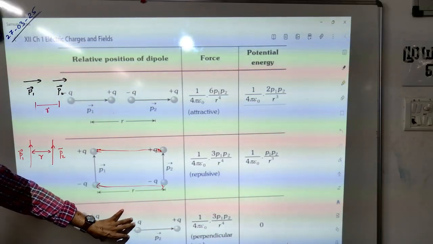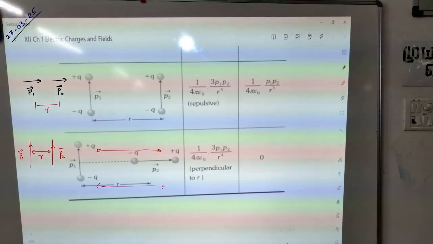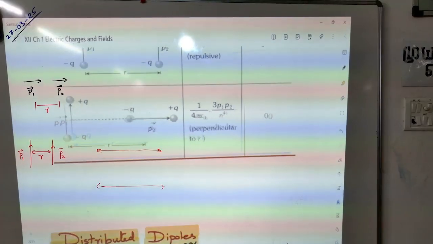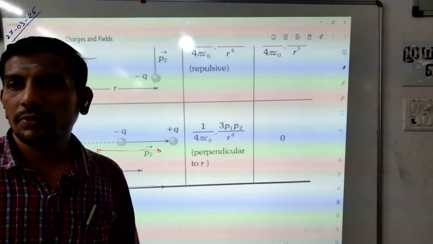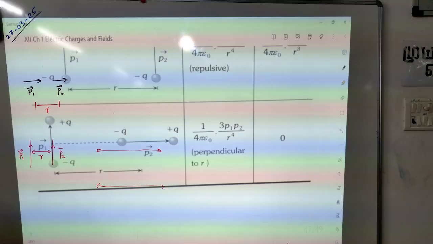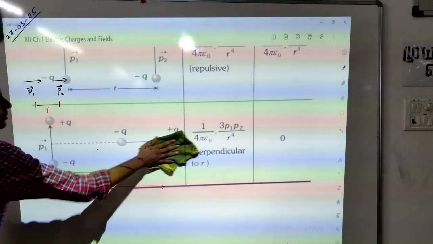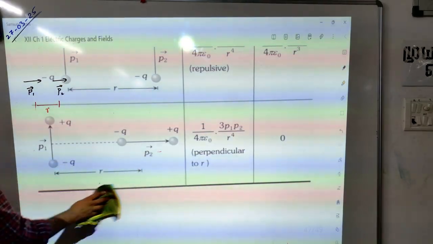And comes the third case, where the direction of one dipole moment is perpendicular to the direction of the other dipole moment. So the dipole moments are perpendicular to each other, and they are separated by a distance r.